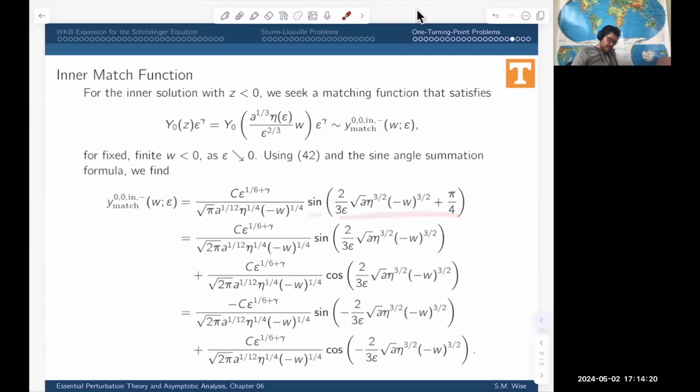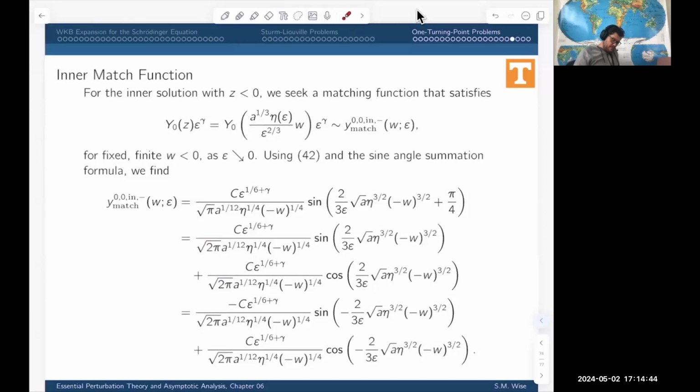So you get sine of this angle times cosine of pi over 4. But the cosine of pi over 4 and the sine of pi over 4 are the same. They're just square root of 2 over 2, or just 1 over root 2. So that's where you get this 1 over root 2, which appears. Okay, so no problem there.